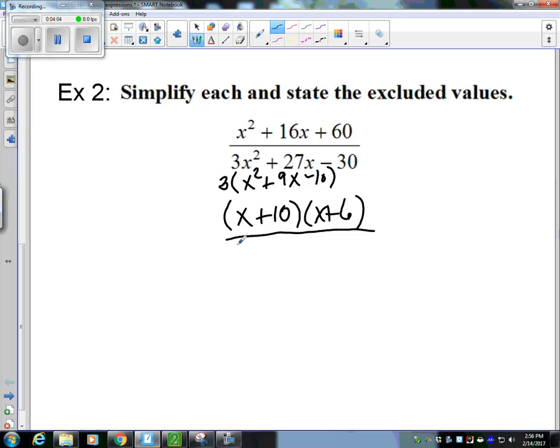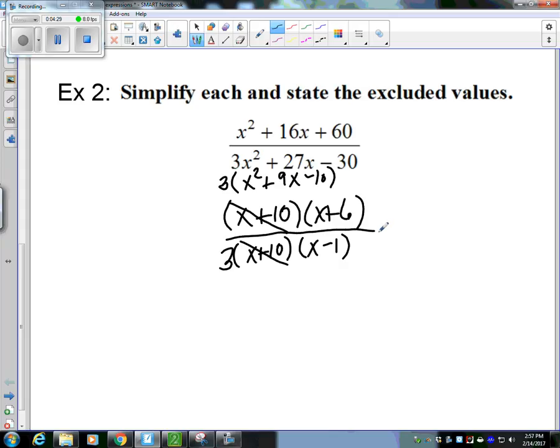That's positive 10 and negative 1. So now, oh, don't forget the 3. Looking at this now, what in the numerator and denominator, factor-wise, can we simplify? It's just the x plus 10s.